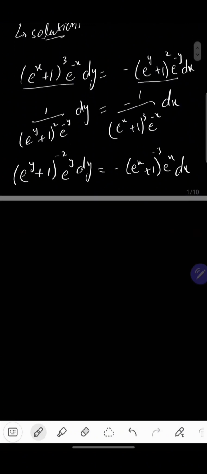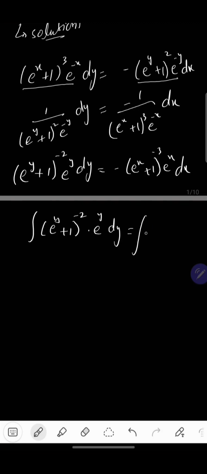Now in the next step we apply integration on either side of the equality. We get the integral of (e^y + 1)^(-2) e^y dy equal to the integral of minus (e^x + 1)^(-3) e^x dx.